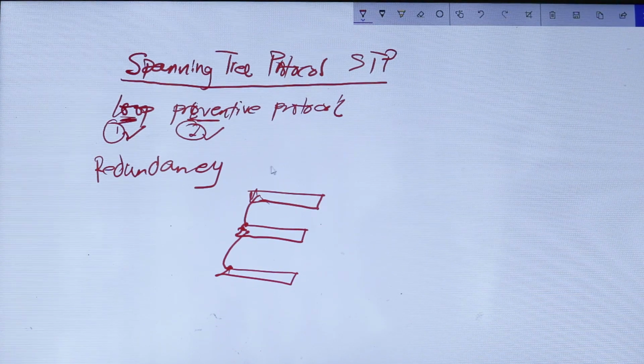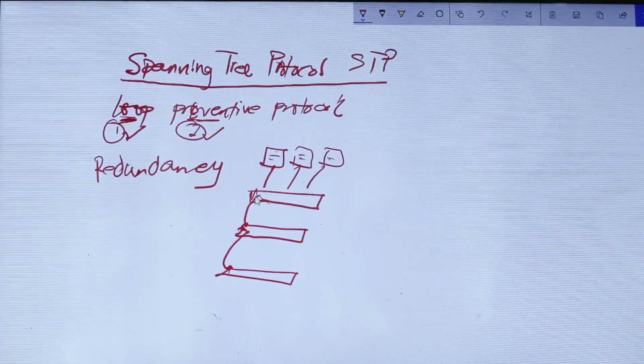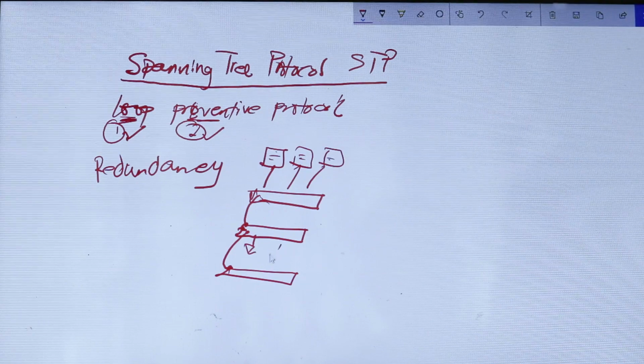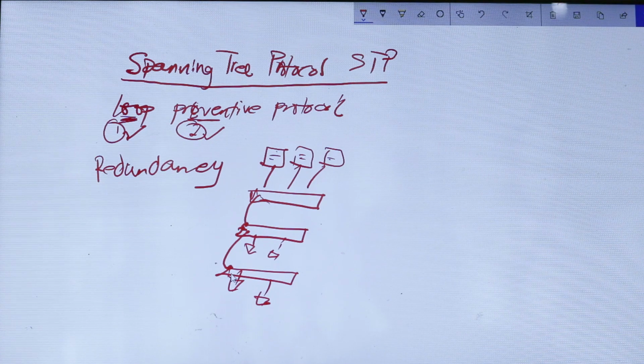So all your servers are connected to this data center switch, and the users are connected to these switches here. Anytime each user wants to communicate with the servers, they go through this link. All right? This is a single link to the data center.